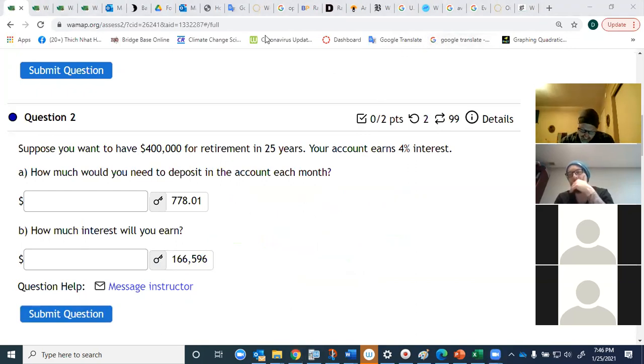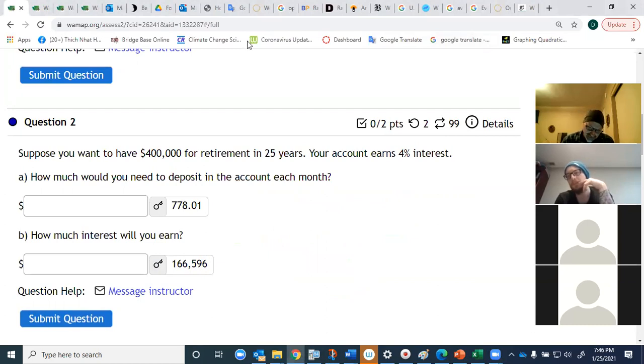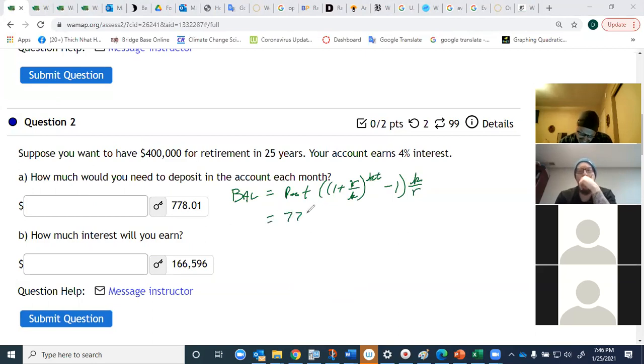That's a great question. So if you're making an investment, the formula is the balance in an account is equal to the payment times 1 plus the interest rate as a decimal over the number of compoundings, to the power of KT, minus 1, and then we multiply by K over R. If you didn't know the payment, we're finding the payment.